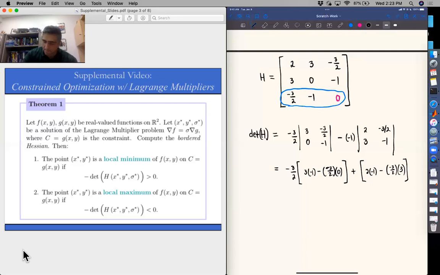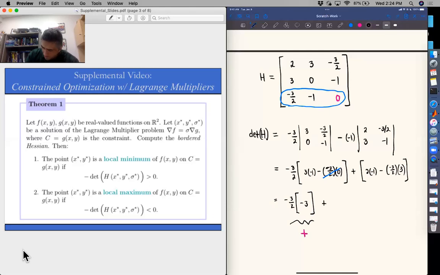So let's see what happens. We have that this is equal to minus 3/2 times a minus 3 times a 0. What's more important for us to notice is this term, that thing's positive. That's really just what we care about when doing these determinant calculations. Are they positive? Are they negative? And so on.